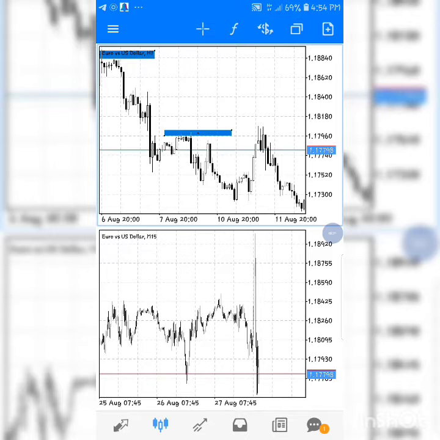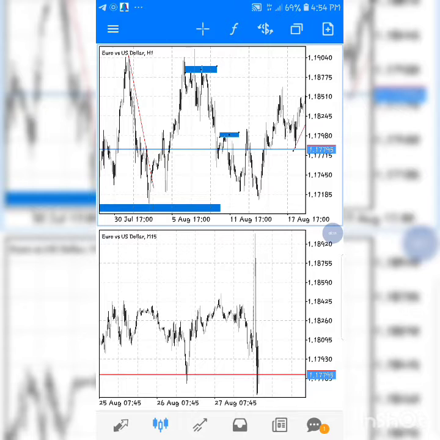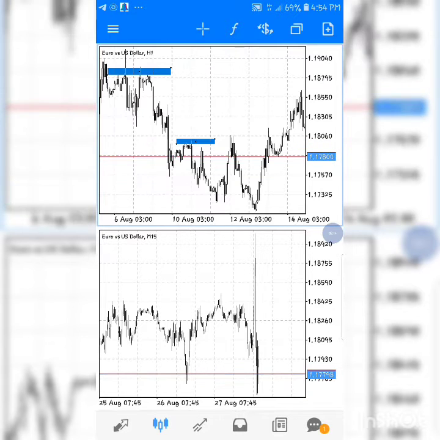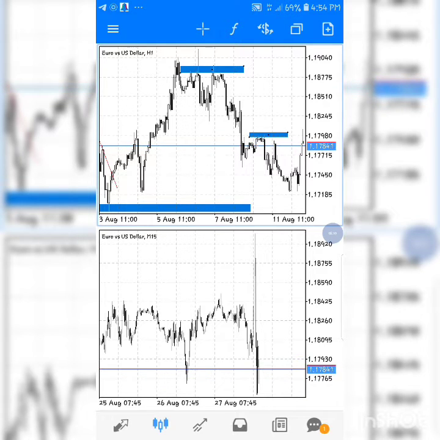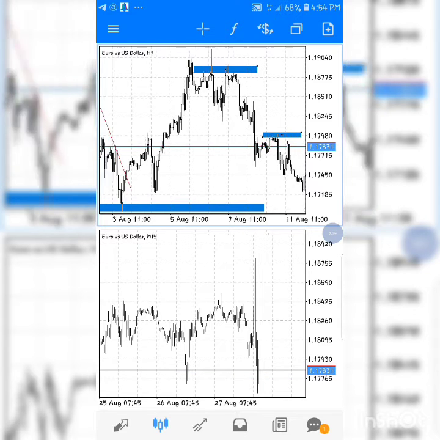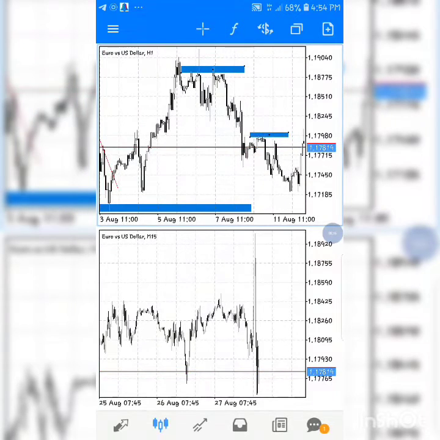Now, the essence of using support and resistance is to help you trade, so that you know when to enter a buy and when to enter a sell. As you trade often, as you get into forex trading, practicing here and there, watching my videos, reading books, you're going to learn that you have major support levels and major resistance levels.